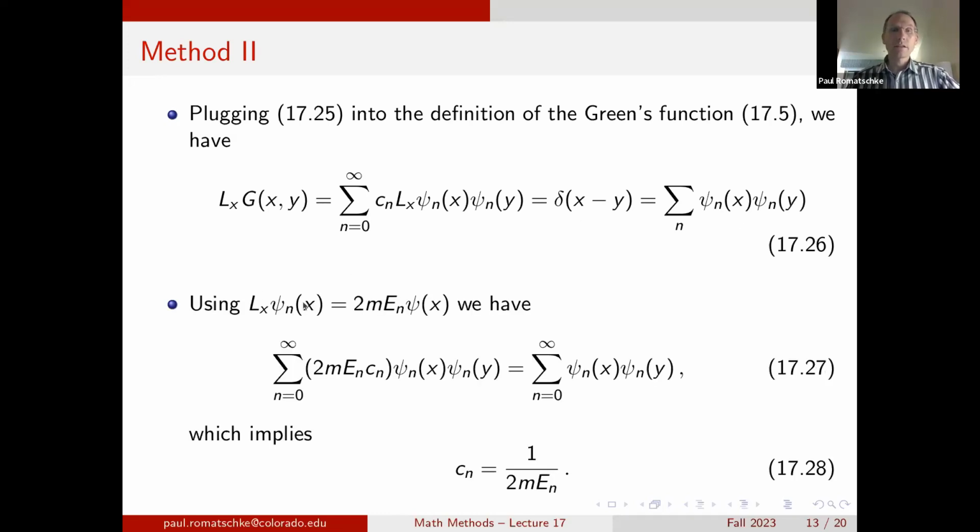And L x on psi n we know from the definition of the wave function psi n and eigenvalues E n. So the right-hand side here becomes a sum over all n times 2m E n c n psi n of x, psi n of y, and that has to be equal to the combination psi n of x, psi n of y on the left-hand side. In order for this to be true, the coefficients c n have to have a particular value. They need to be 1 over 2m E n.